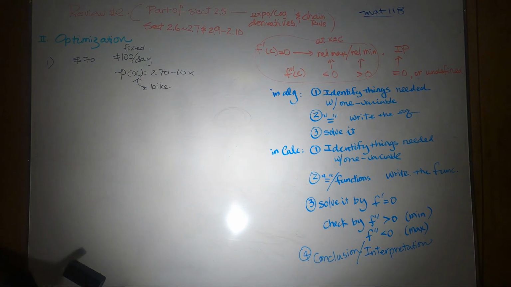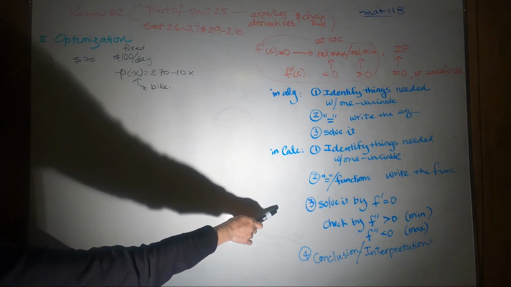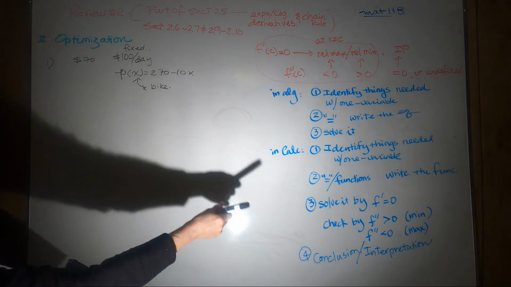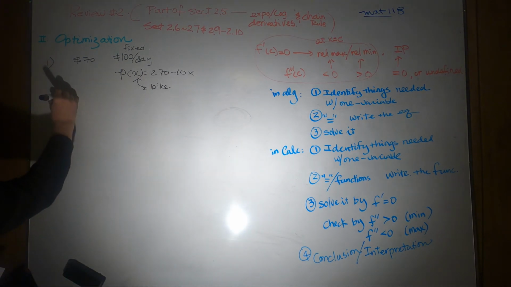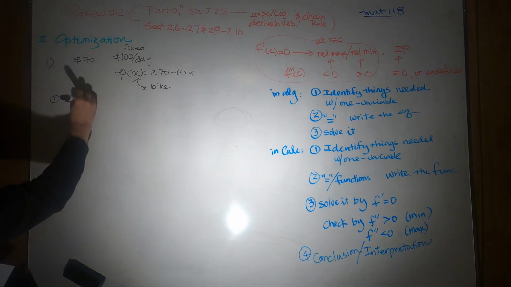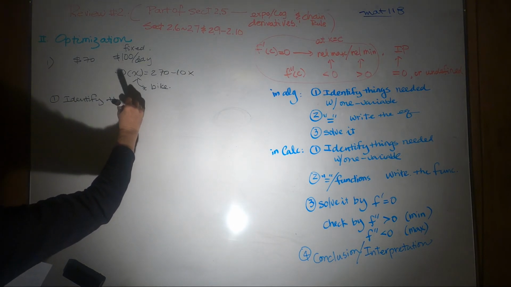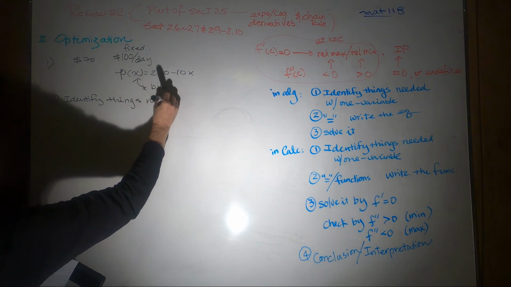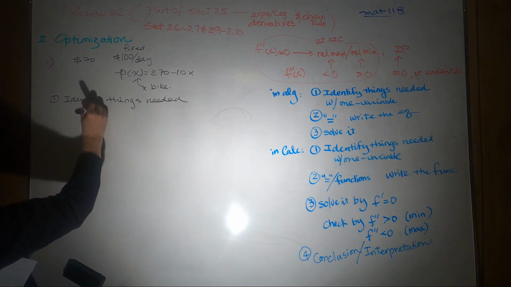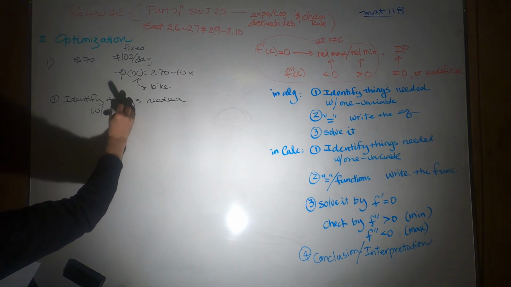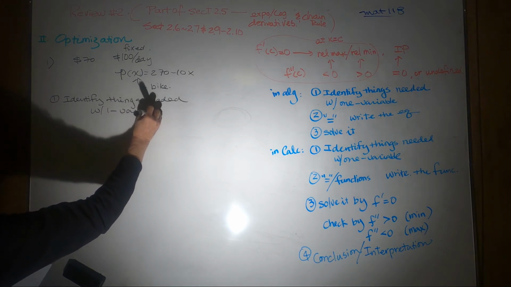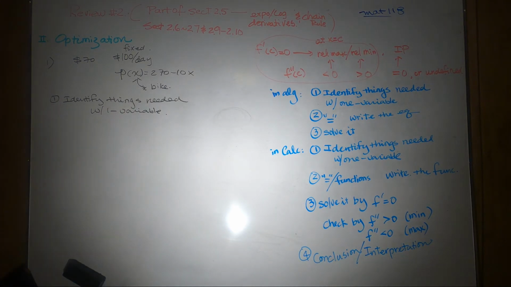So we say, all right, we just use our calculator method, right? First we will identify things needed with how many variables? One variable, right? So how many things do we need to find?